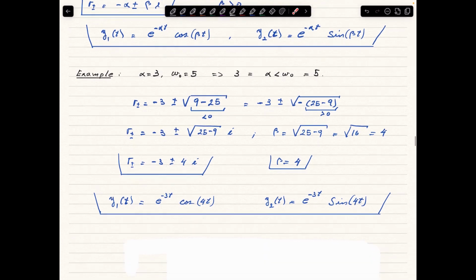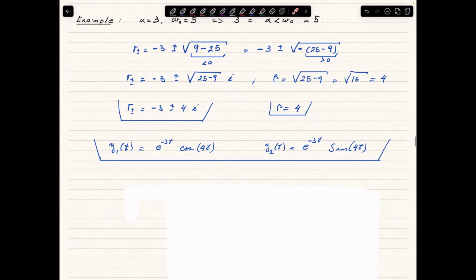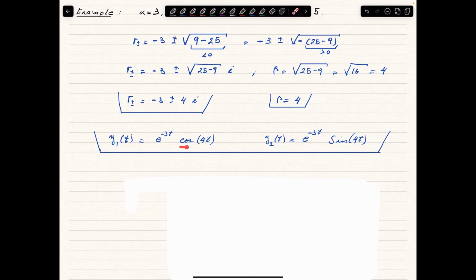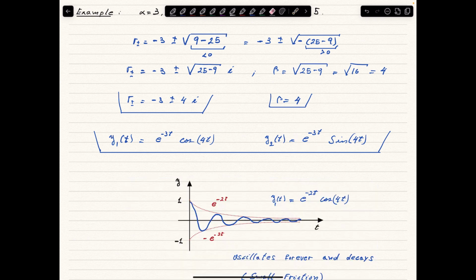Okay, and these solutions, as we said, they oscillate, but they decay with an exponential in front. So for example, this solution, here it is an oscillation, but the amplitude of the oscillation decreases by this exponential, which I don't know why I changed it into 2 if the example had 3.